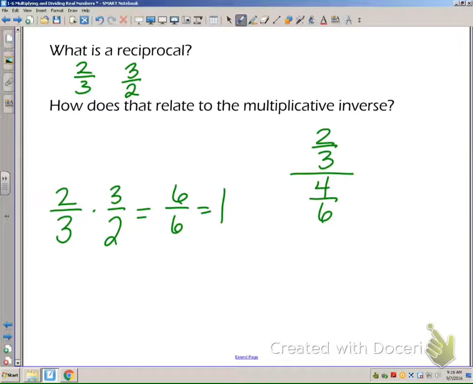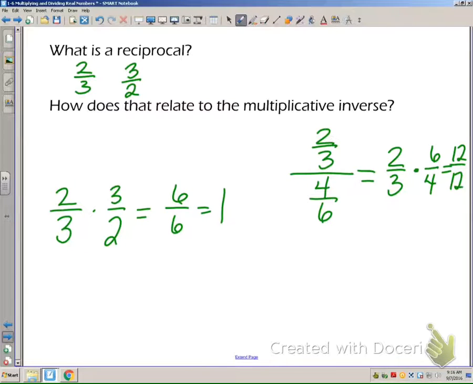Instead of dividing by another fraction, I can instead multiply by its reciprocal. This is the same thing as saying 2/3 times the reciprocal of the bottom here. So what's the reciprocal of 4/6? It's 6 over 4. So I end up with 12 over 12, which is 1.